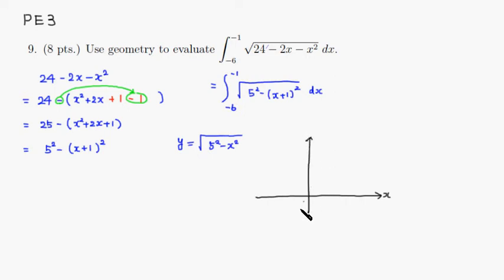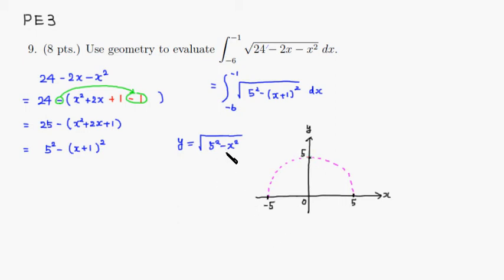It's centered at the origin, so the upper semicircle is going to look somewhat like that. Here is the origin, and the radius is 5, so that's going to be 5 there, -5 there, and +5 there.